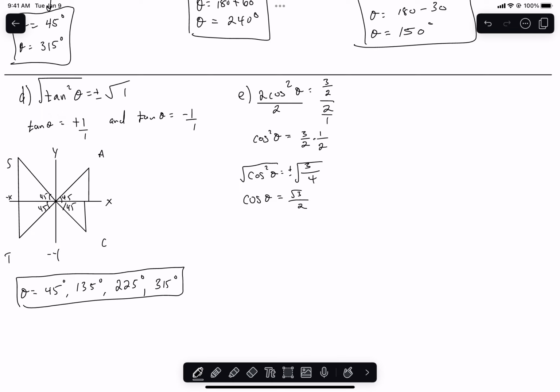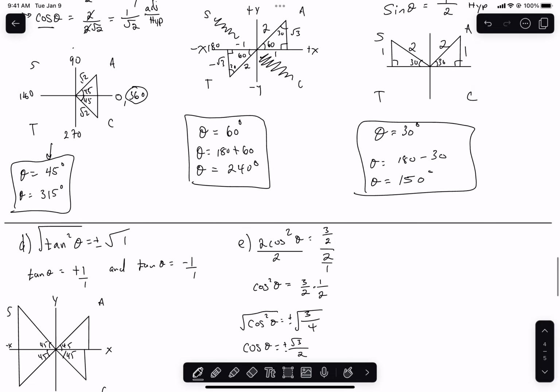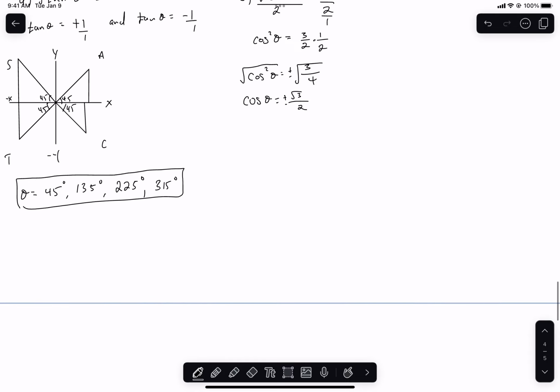Don't forget the plus minus, I almost forgot that. So you ask yourself, where is cosine positive? Let's do those ones first. Cosine is going to be positive here.